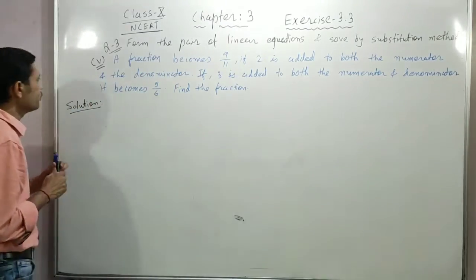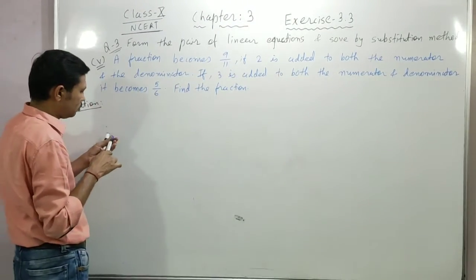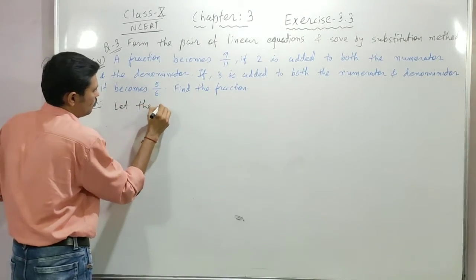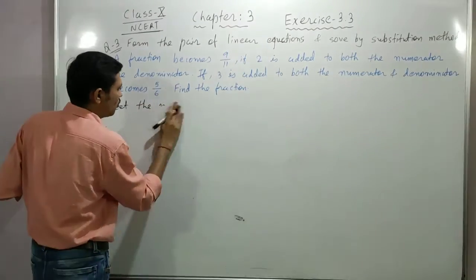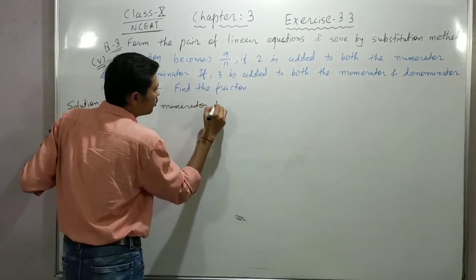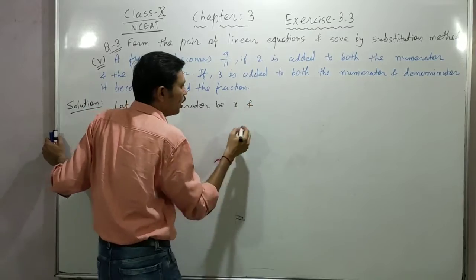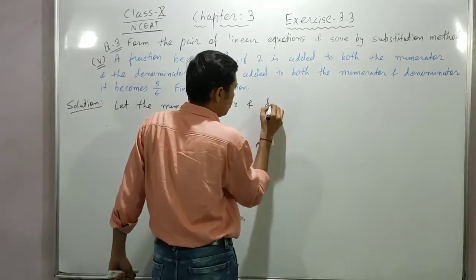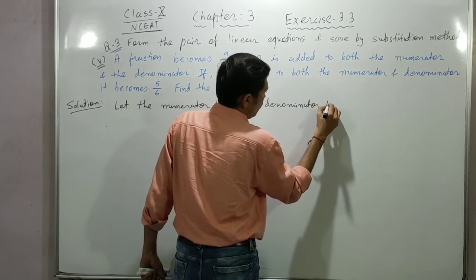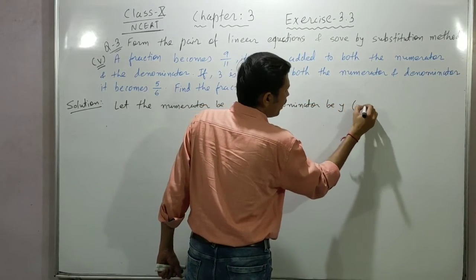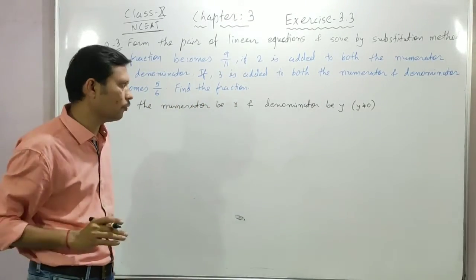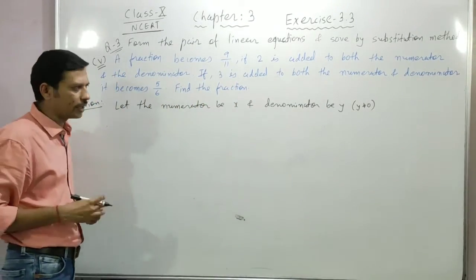So to find the fraction, first we have to assume the numerator and the denominator. So let's assume it. Let the numerator be x and denominator be y, where y not equal to 0, because denominator not equal to 0 in any of the fraction, otherwise it will be not defined.